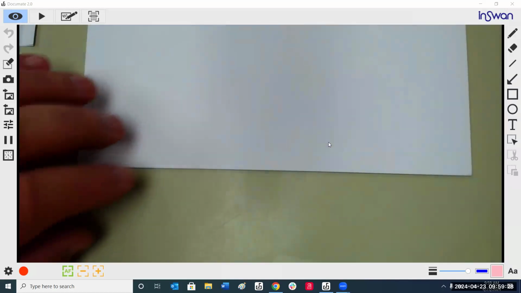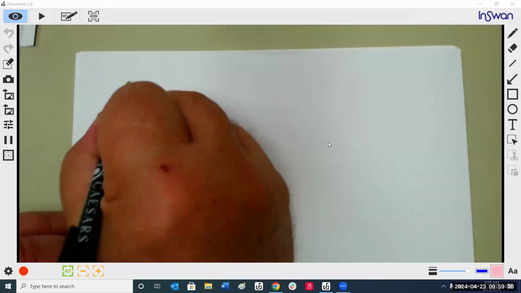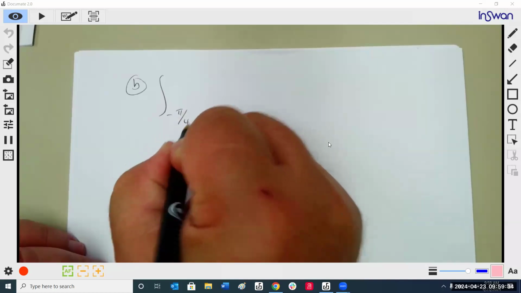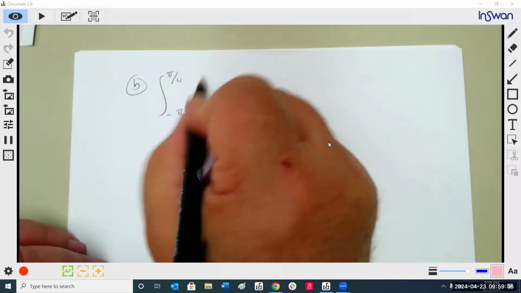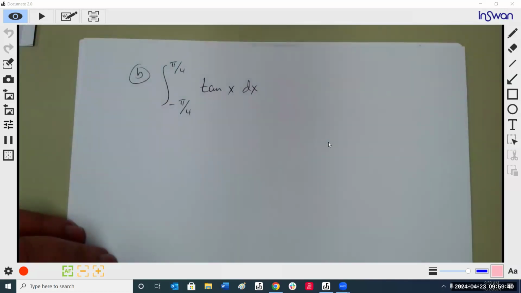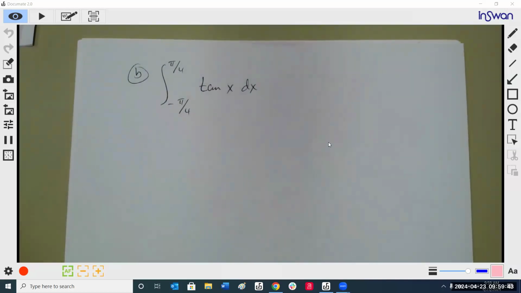All right, let's look at B. The integral from negative pi over 4 to pi over 4 of tangent x dx. What do we know about this?